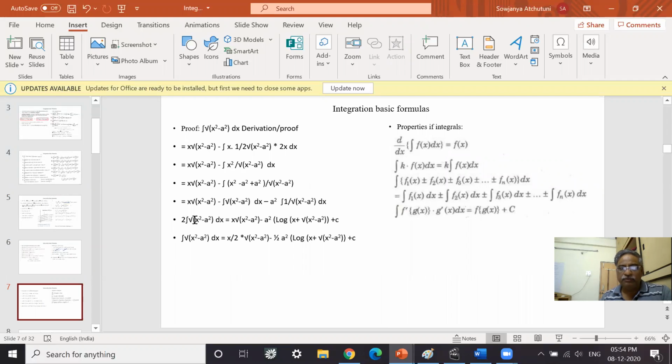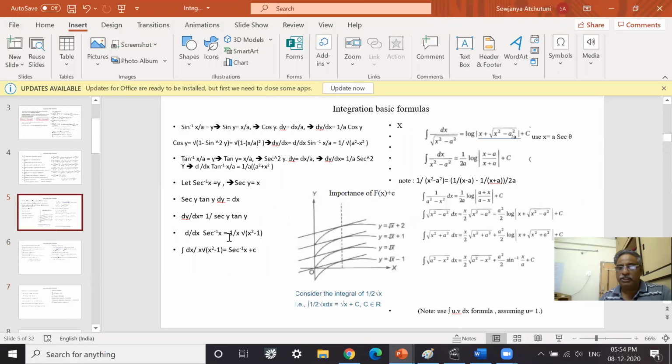So 2 times the integral of x square minus a square dx equals x root of x square minus a square minus a square into log of x plus root of x square minus a square plus c, because this is the same term we are integrating. So the minus will go to the other side, and finally the 2 will come here: x by 2 square root of x square minus a square minus half into a square log of x plus root of x square minus a square plus c. This is the derivation.